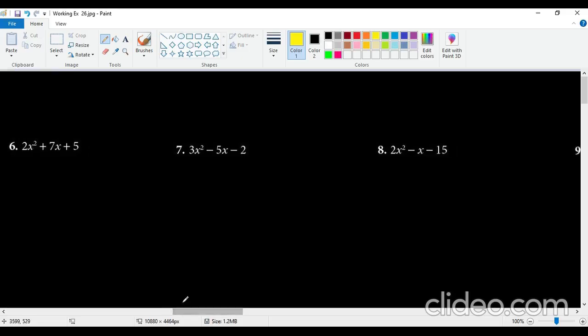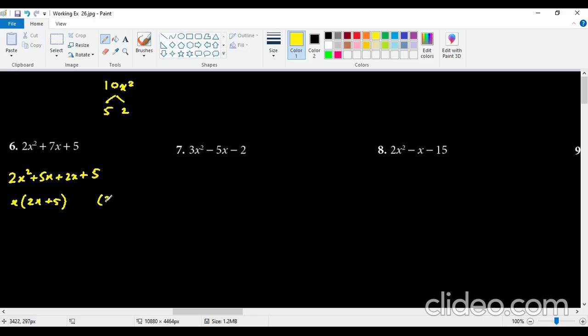In here, 5 times 2 is 10, 10x square, and this can be factorized in such a way that 5 times 2 is 10, and 5 plus 2 is 7. I will use the same technique. I will write 2x and plus 5 in the corners, and I will write plus 5x and plus 2x this way. Now in here, x is common, so 2x plus 5 is going to be in one bracket.